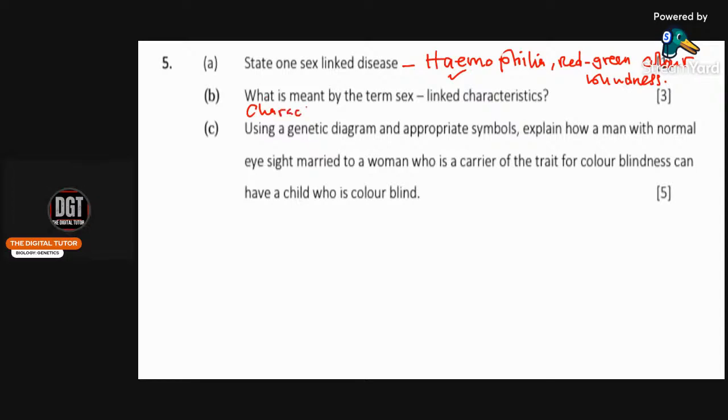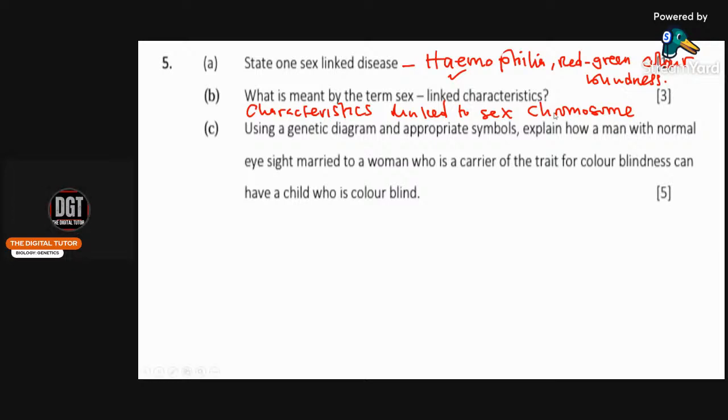If you are asked for disorders, these are hemophilia and red-green color blindness. These are the ones we call sex-linked characteristics, or characteristics seen as a result of genes on the sex chromosome.